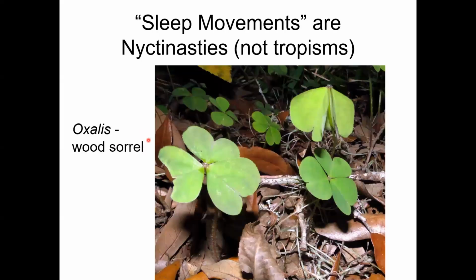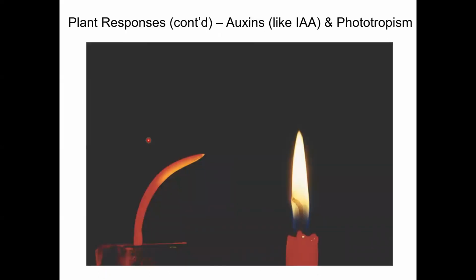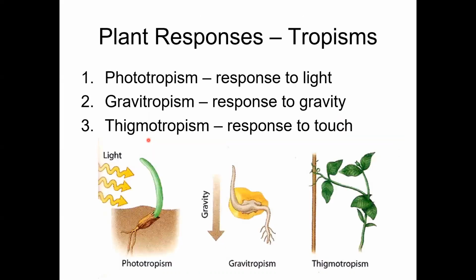Let's go ahead and go to these primary ones. Phototropism allows the plant to maximize light exposure, and that's what's going on here. Here's the apical meristem bending toward a candle, maximizing exposure to light, which plants require for photosynthesis, and it really minimizes it in plants subjected to intense light and heat.